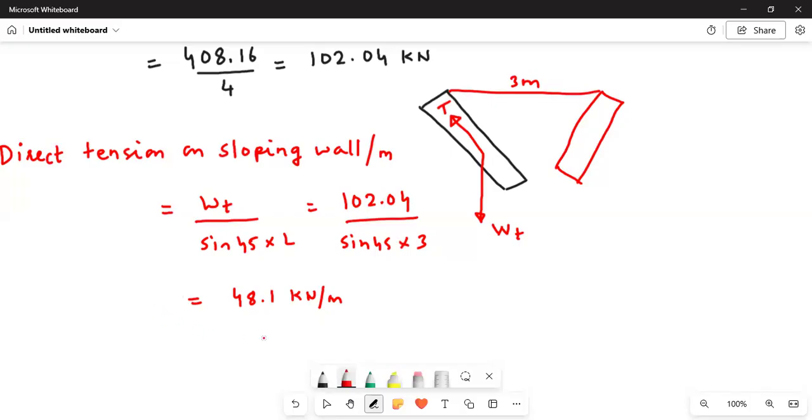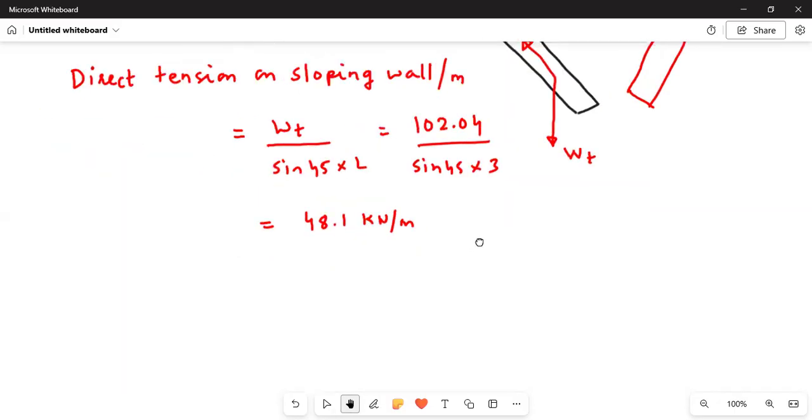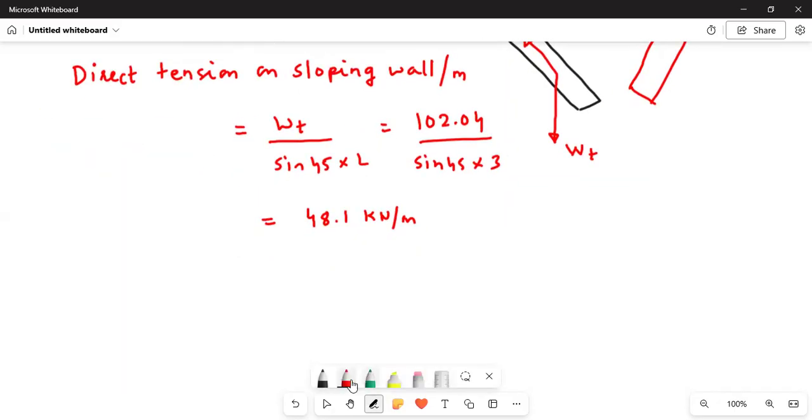This is the direct tension, but it needs to be factored because we are designing the bunker by the limit state method. In the limit state method, everything is factored. The load is factored. So design direct tension is a factored load.